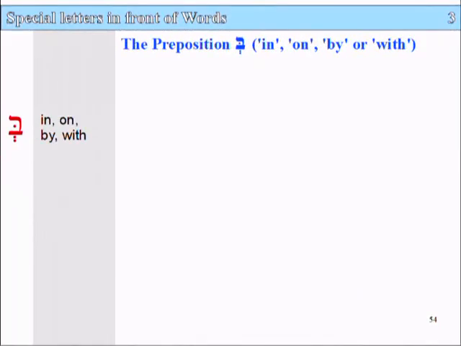Slide 54, Lesson 3, Special letters in front of words. The preposition bet, which means in, on, by, or with.